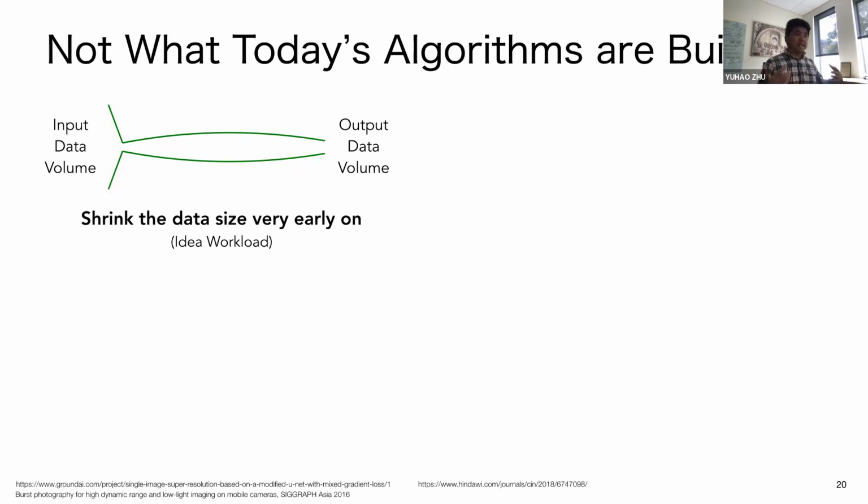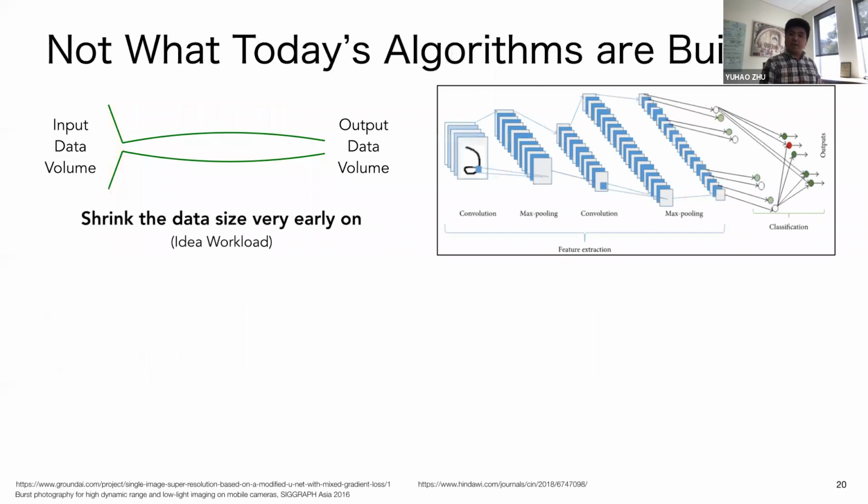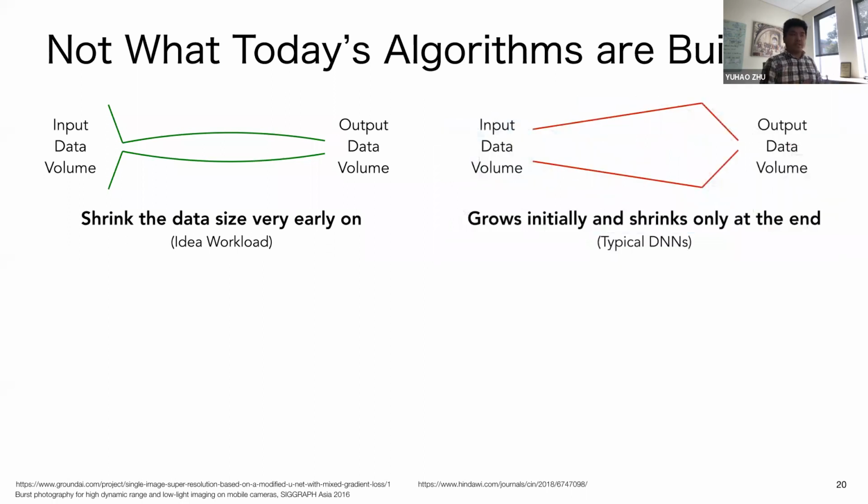Unfortunately, this is not what today's algorithms are built for. If you look at canonical convolutional neural networks, the data volume typically increases in the beginning because you use lots of filters to extract features. So in conventional CNNs, the data volume would grow initially and then only shrink at the end, right?